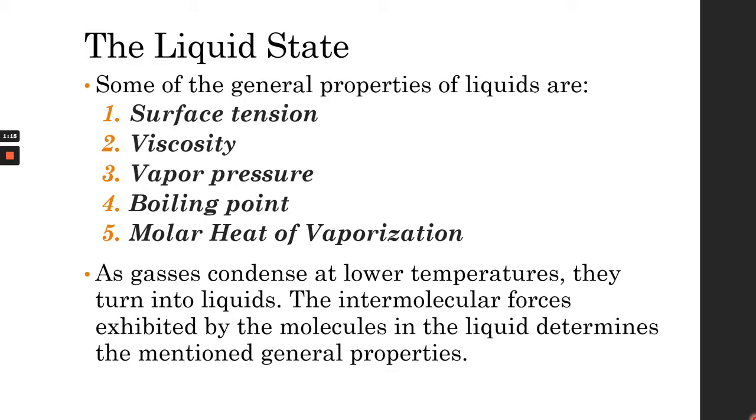Remember, in lesson 1, we discussed that the properties or characteristics of matter are highly dependent on the intermolecular forces between the molecules. The same thing is true for each property of liquids here. The surface tension, viscosity, vapor pressure, boiling point, and molar heat of vaporization change depending on the intermolecular forces affecting the molecules or particles present in the liquid.